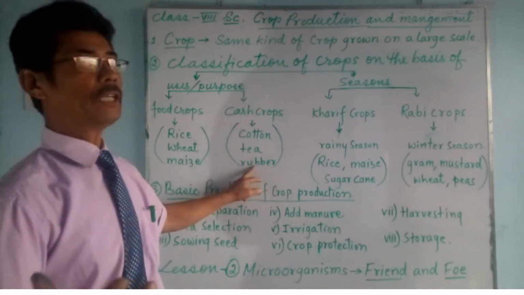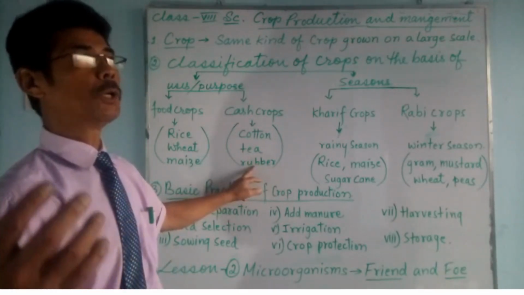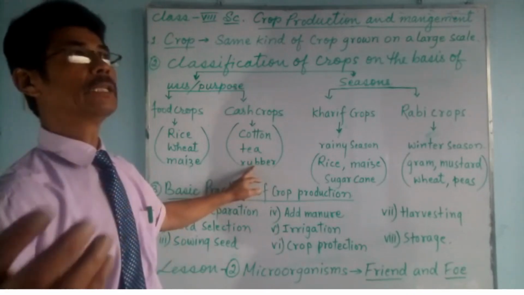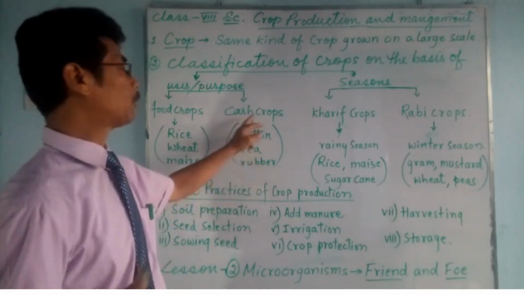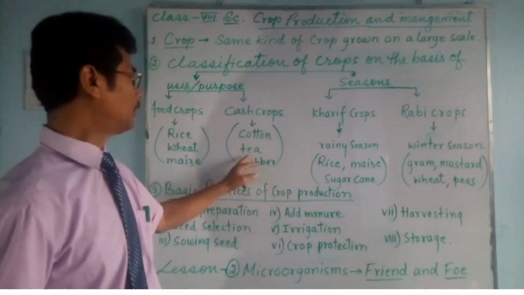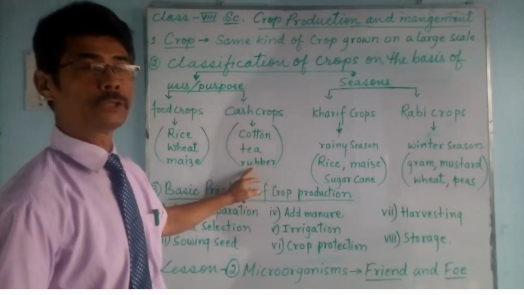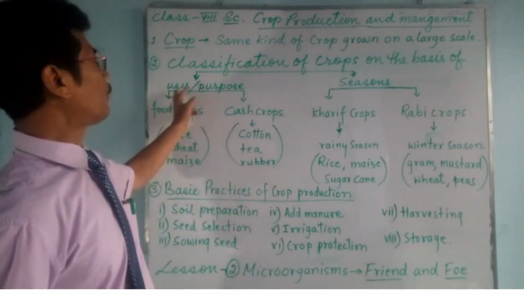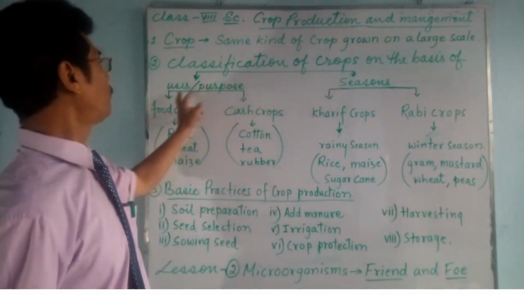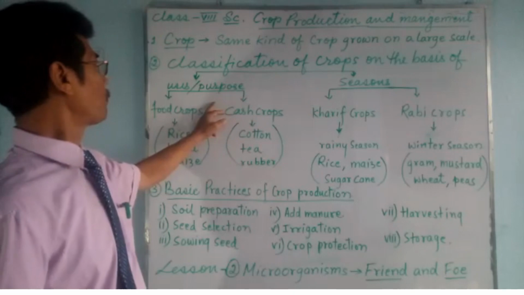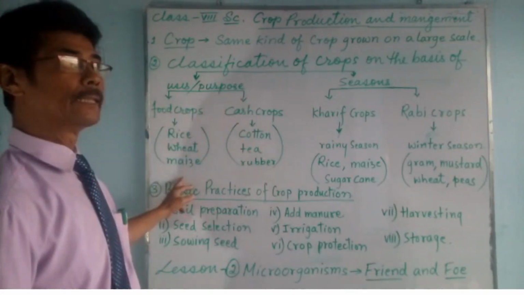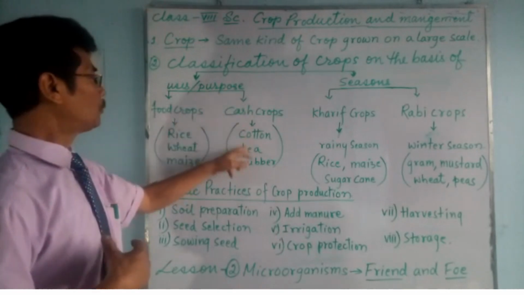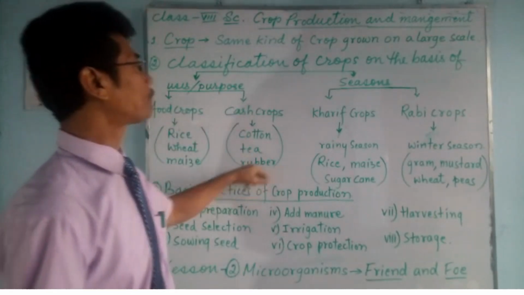We grow them in order to sell them, in order to earn money. We consume some, but the rest we sell in the market. They are called cash crops. Cotton, tea, rubber, sugarcane, jute, etc. are all cash crops. This is on the basis of uses or purpose. We use these crops to consume and to sell in the market.